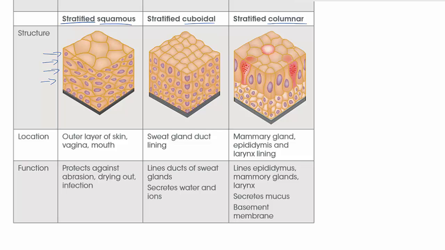So for example, the stratified squamous cells, which you'll find on the outer layers of the skin, vagina and mouth, protect against abrasion, drying out and infection, whereas the stratified cuboidal cells can be found lining your sweat gland duct. And this basically secretes water and ions, which is your sweat.